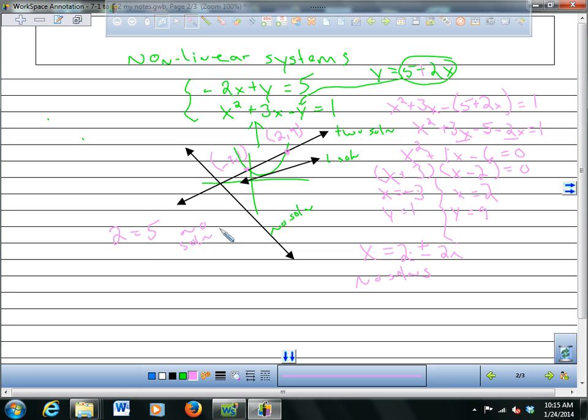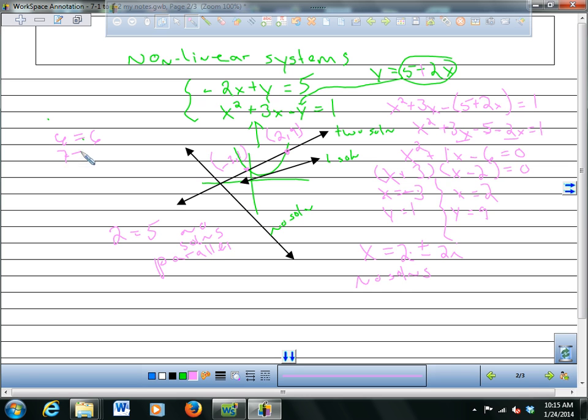How could you have two lines that don't cross? Parallel, okay? So if you get 2 equals 5 with two lines, that means they're parallel. If you solve a quadratic and a linear and you get something like this, that means they don't cross.